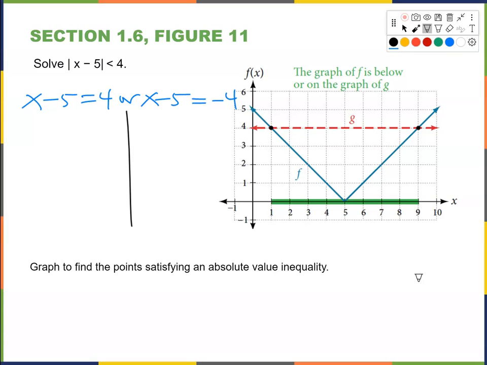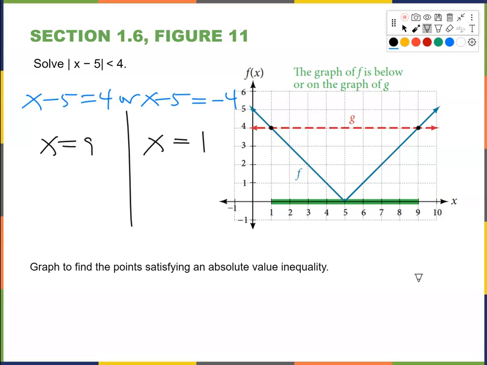If we add 5 both sides, that is x equals 9. And if we add 5 here, negative 4 plus 5 is equal to 1.